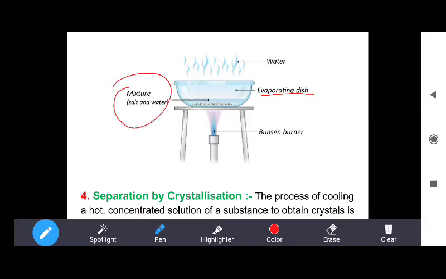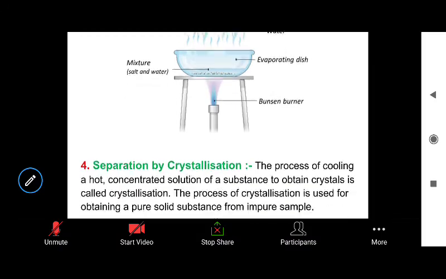Here you place the mixture of salt and water and heat it with the help of a burner. After some time, the water will evaporate while the solid substance remains in this evaporating dish. This method is called separation by evaporation.